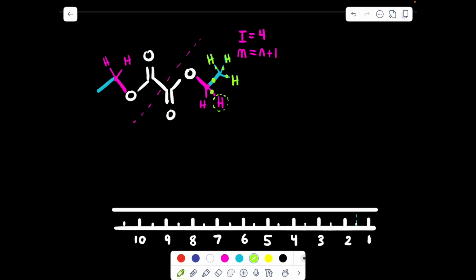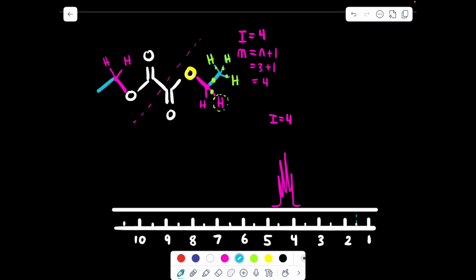So the neighbors is equal to 3. Equal to 3 plus 1. So total, this is going to be 4, where we get a quartet. So we should have a quartet, 1, 2, 3, 4, with an integration equal to 4. That's quite electron poor because it's attached to an oxygen group.